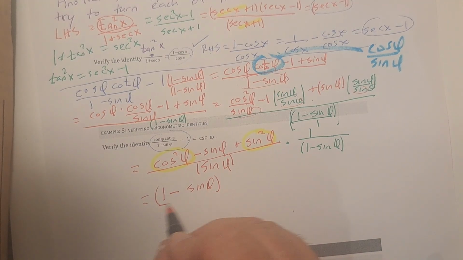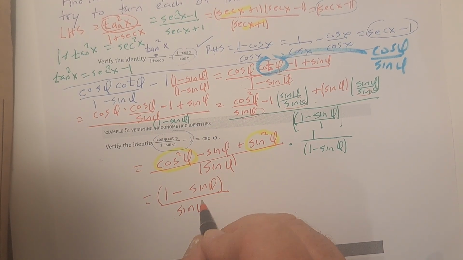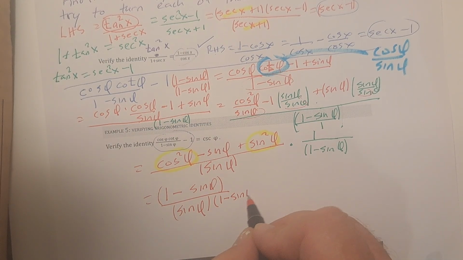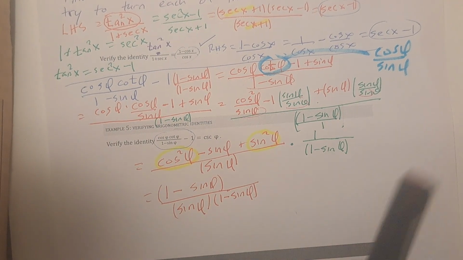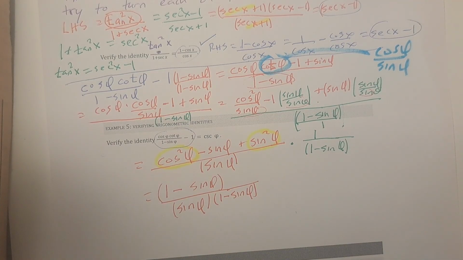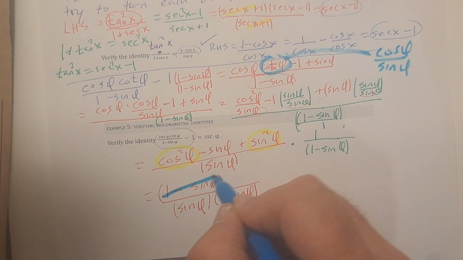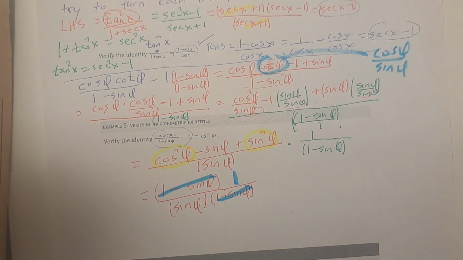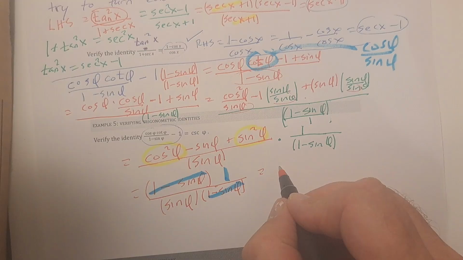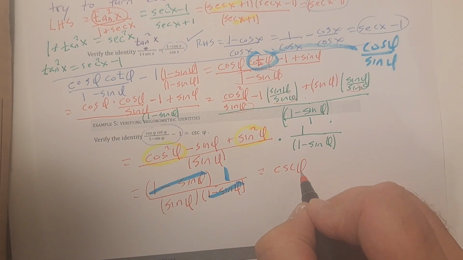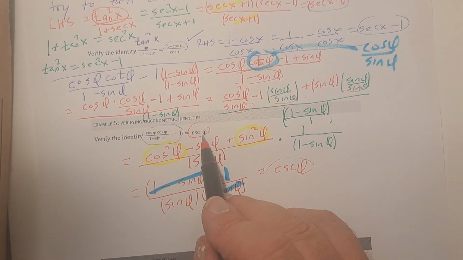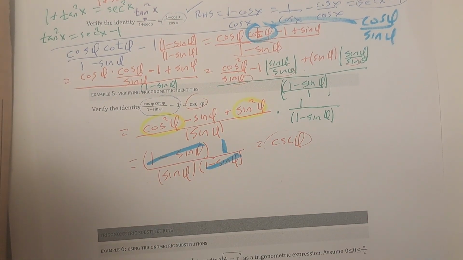And you still have a sine of phi, and there's still that 1 minus sine of phi in the bottom. All right, the 1 minus sine phi's cancel, leaving you with just the number 1 in the top, so you get 1 over the sine of phi. But that is the cosecant of phi, and that's what I was supposed to get. So I just turned the complicated guy into the simpler looking guy and verified the identity that way.